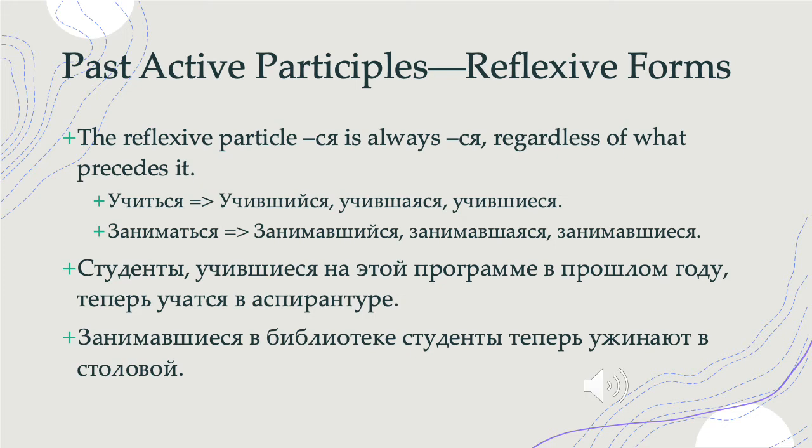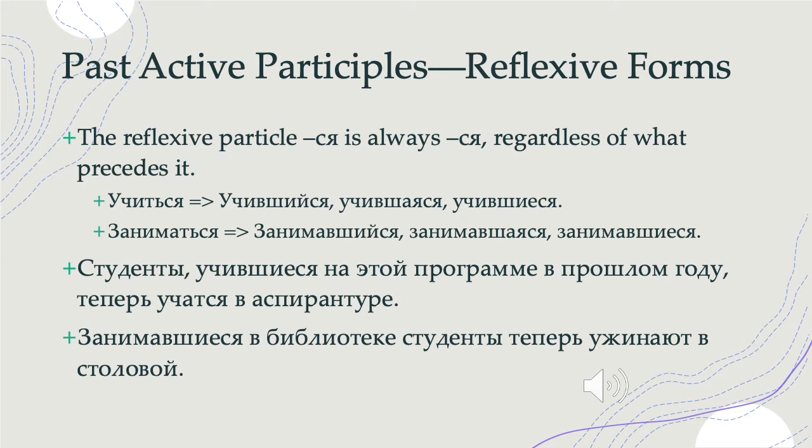So uczyca is going to become uczywszy, which is what you would expect because ikrakoi is a consonant, but the feminine form uczywszaja is also sia, even though it's preceded by ya, which is a vowel, or uczywszy, it's still sia, even though it's preceded by ye, which is a vowel. The same thing when we look at zanimatsa. Zanimavshisya, zanimavshayasya, zanimavshiasya. It's always sia.